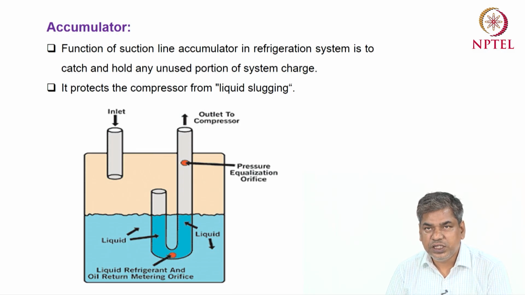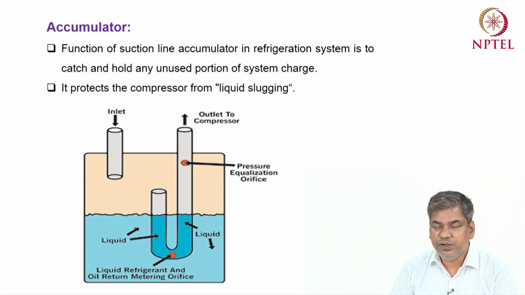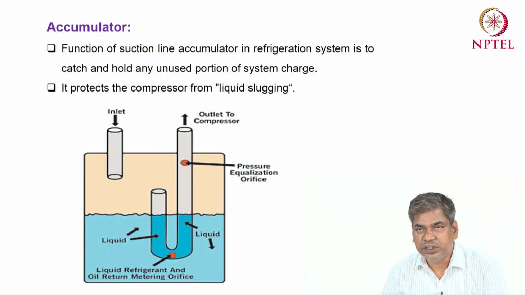So if you directly connect the outlet of the evaporator to the compressor, and the evaporator outlet is in two phase, then the liquid will also go to the compressor. But if we use this accumulator in between, we can prevent the liquid refrigerant from going to the compressor.